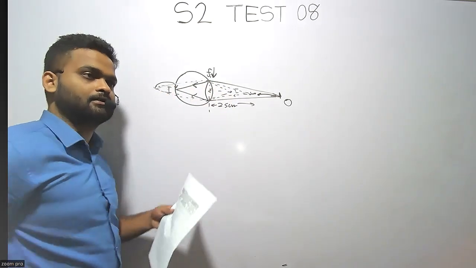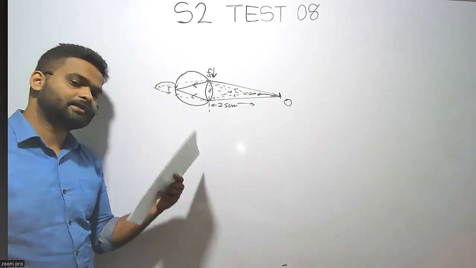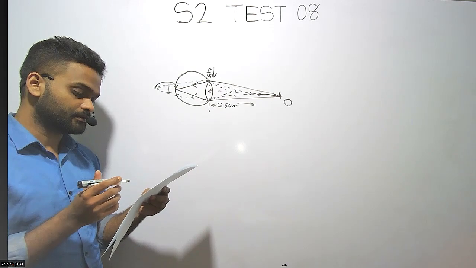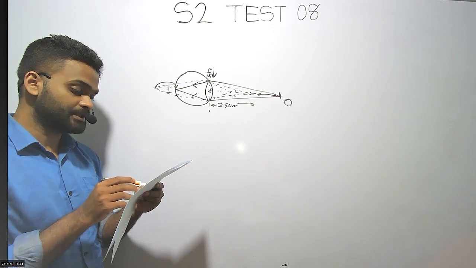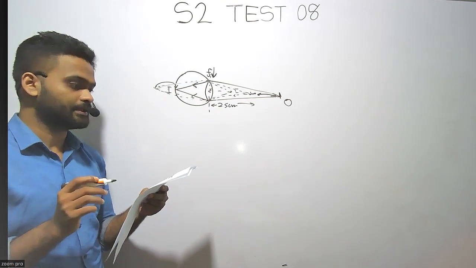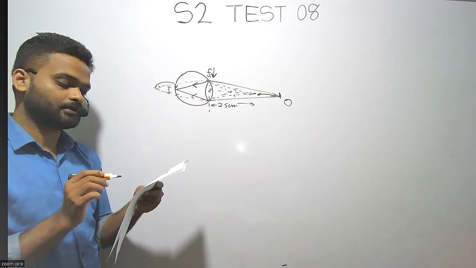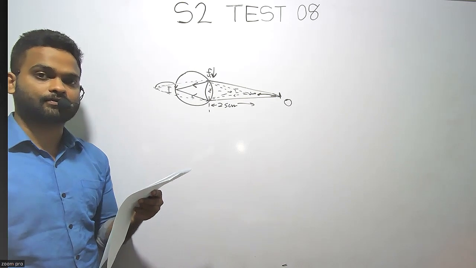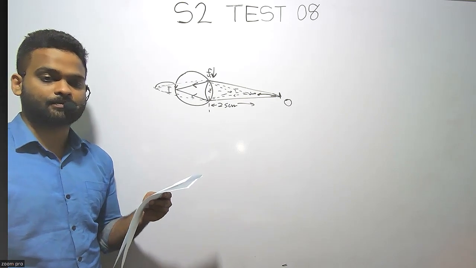So you would see a blurred image of that object. So the reason is that there's a limit to decreasing the focal length of the eye lens, right? So that's the fourth answer for the second question.